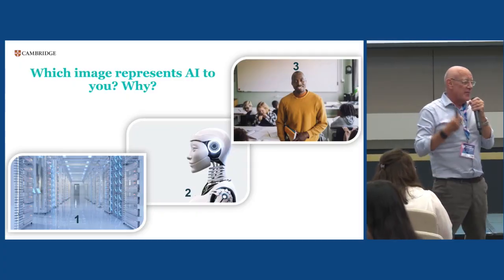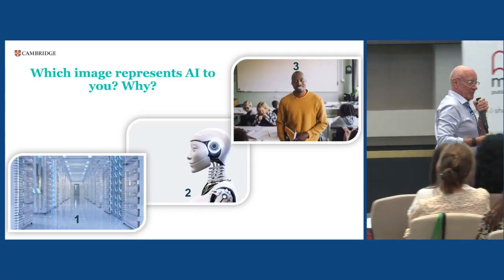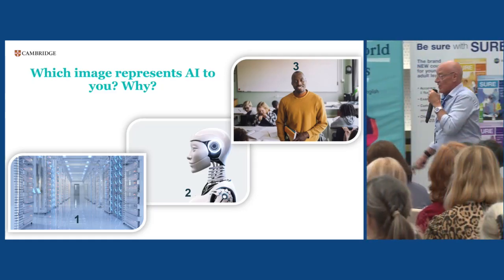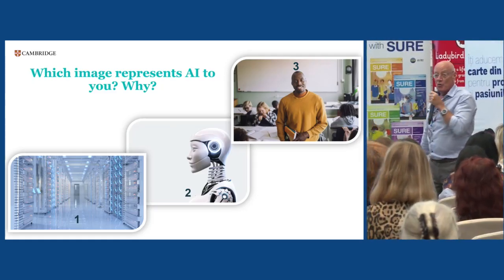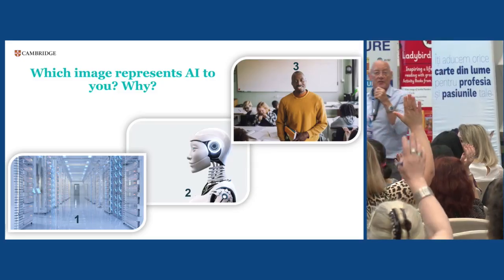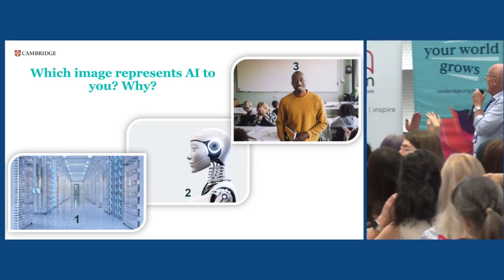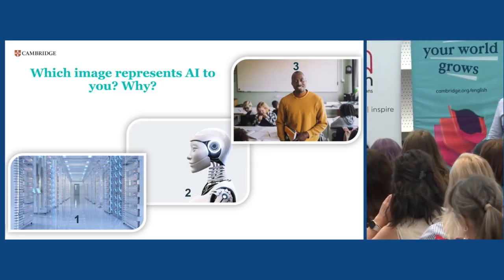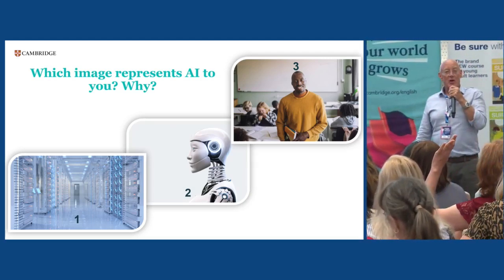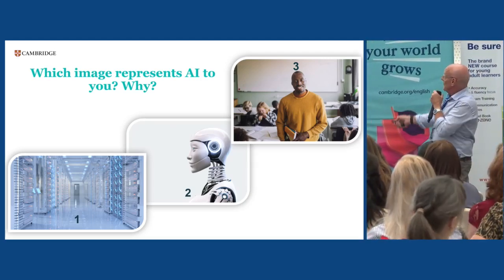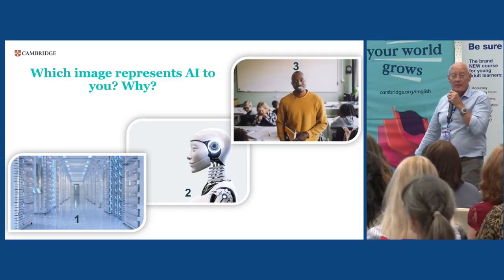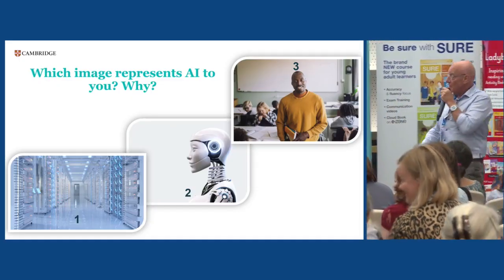And the cost to the environment is unbelievable. Yeah? So a few of you are number one. What about number two? A robot assistant. Okay, a few more. And three, a helper. Fewer, that's interesting. Okay, so most of you think of the robot. All right, okay.